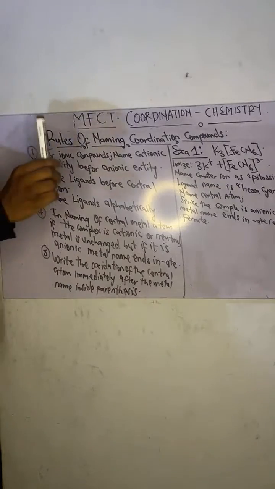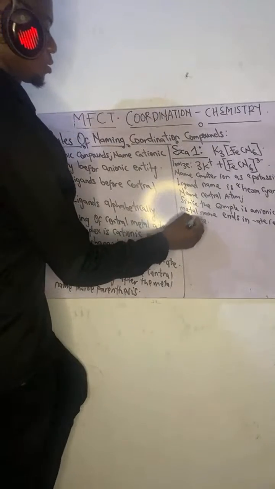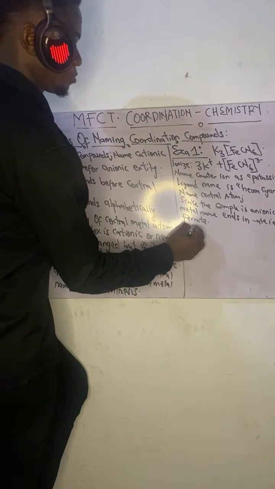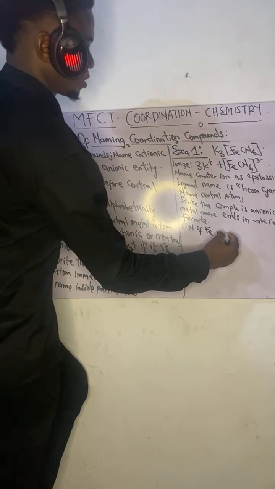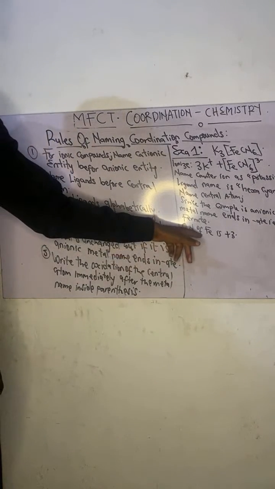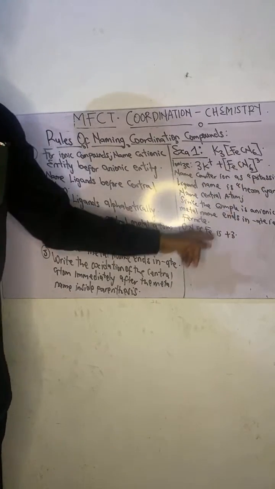If you want to calculate the oxidation number of this, the oxidation number of Fe is plus 3. Since we know that the oxidation number of Fe is plus 3, after we have calculated it, this simply means that we are done with everything we have to do.